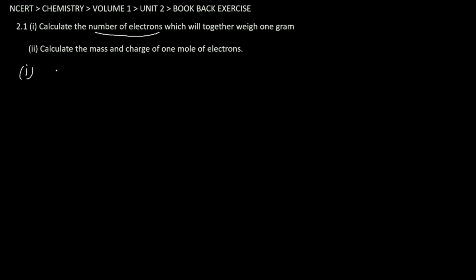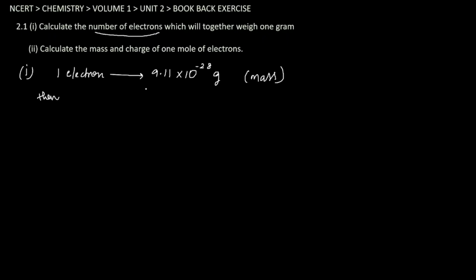They have given that the number of electrons is to be found which totally weighs 1 gram. So let's write: 1 electron is 9.11 into 10 power minus 28 grams, that is the mass of 1 electron.